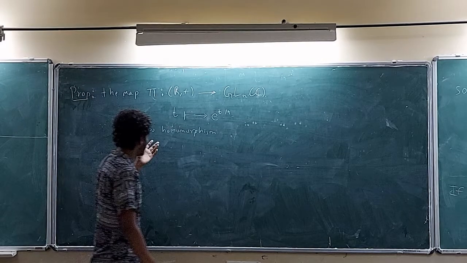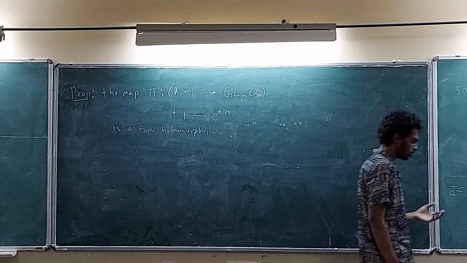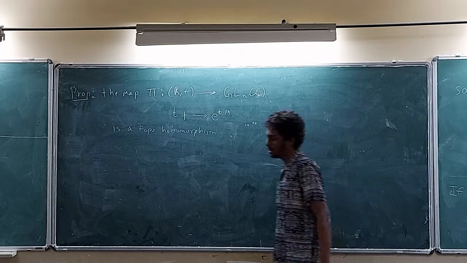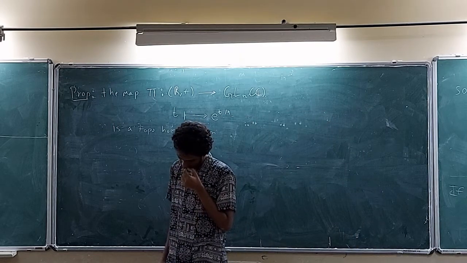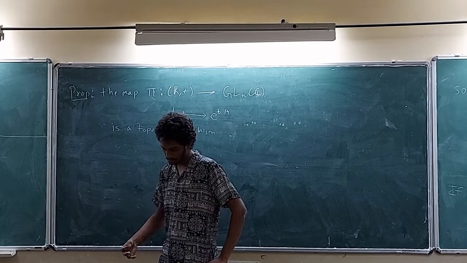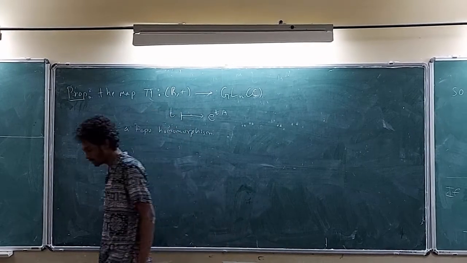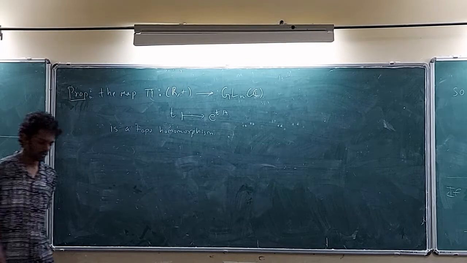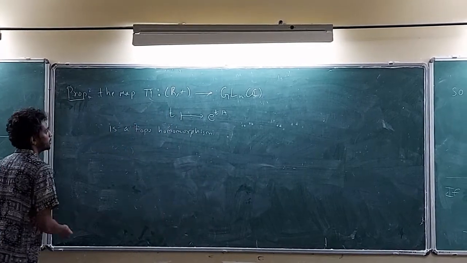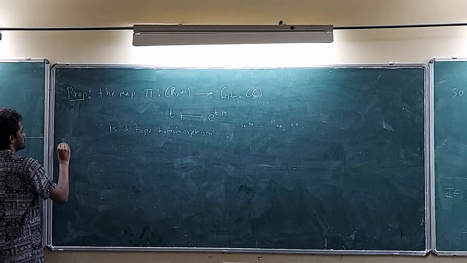The fact that it is a topological homomorphism does not have to be verified, because continuity follows trivially. So we just see that it is indeed a representation, that is, a homomorphism. Basically we have to show that it respects the group operation.